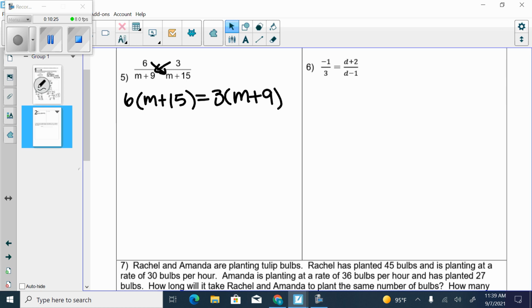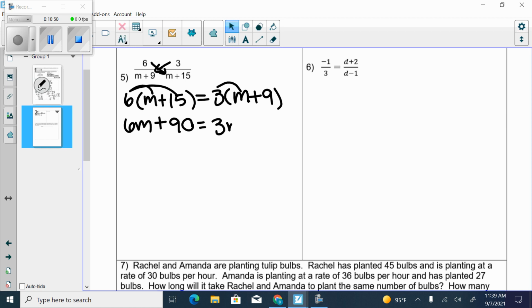Okay, so before we can start moving stuff side to side, what are we going to have to do here? Very good. So I got 6 times m. Good. And then I also have 6 times 15, which is good. Is equal to 3 times m.